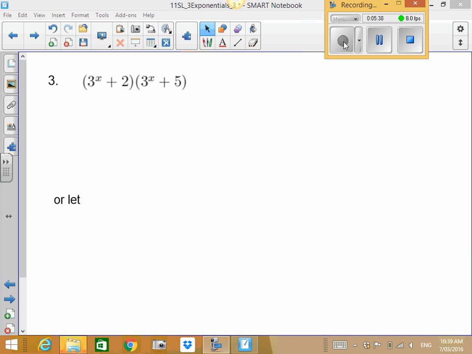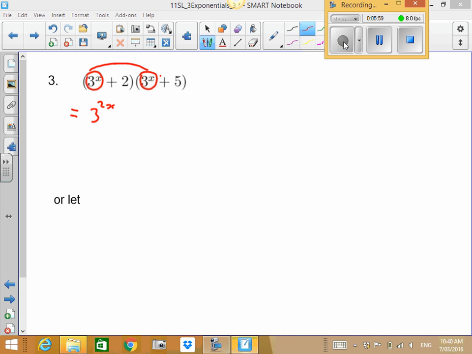Looking at a further example, here we have a binomial product where we want to again use the FOIL method. So we'll multiply the first terms together. 3 to the power of x times 3 to the x will give us 3 to the power of 2x.